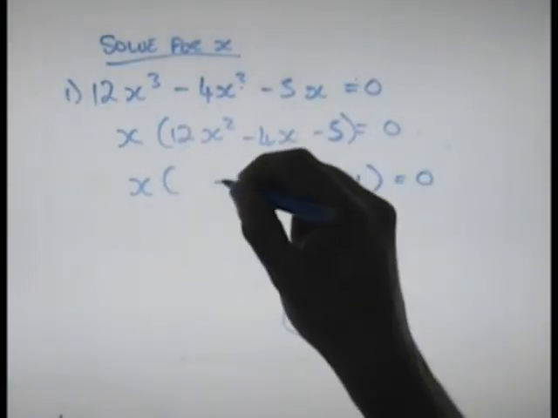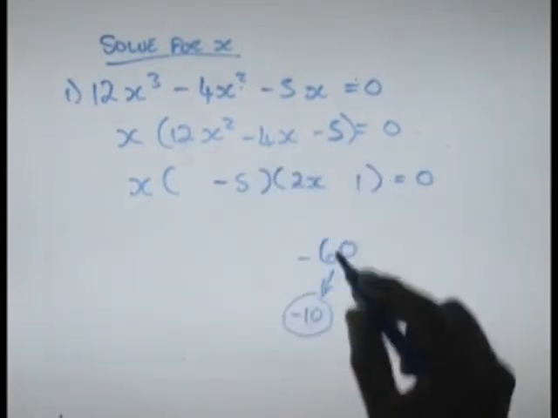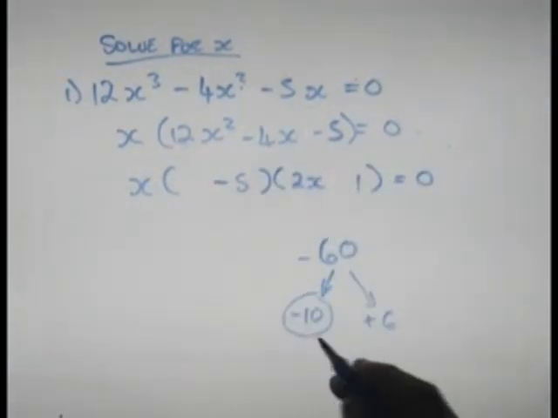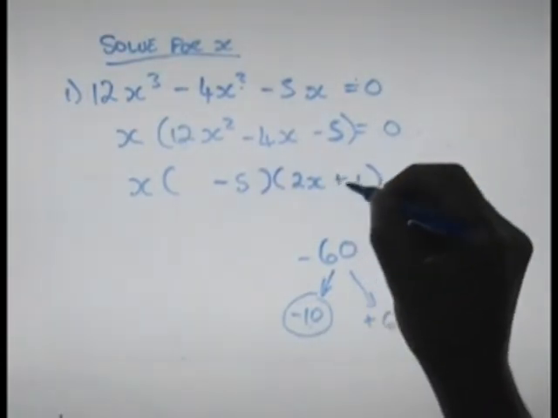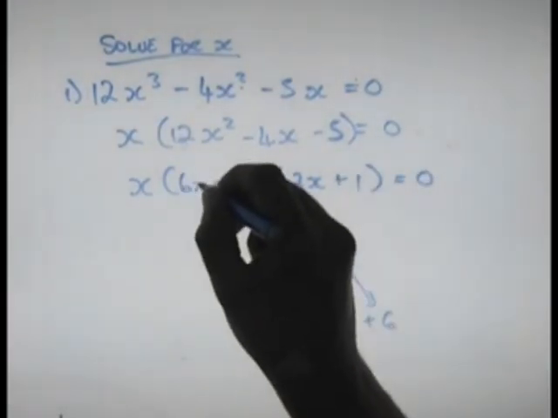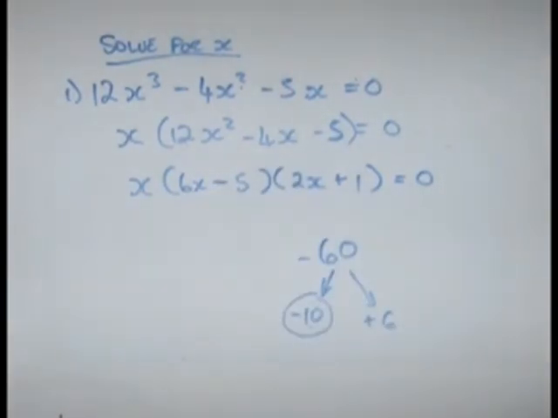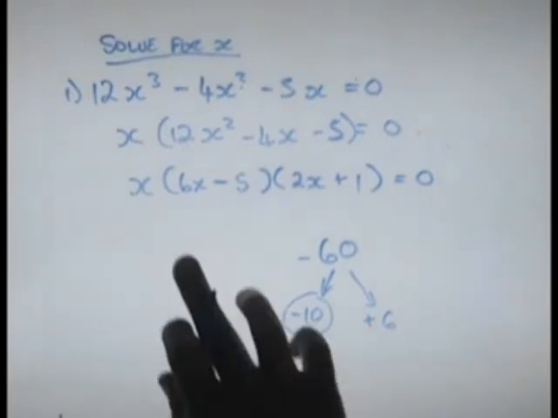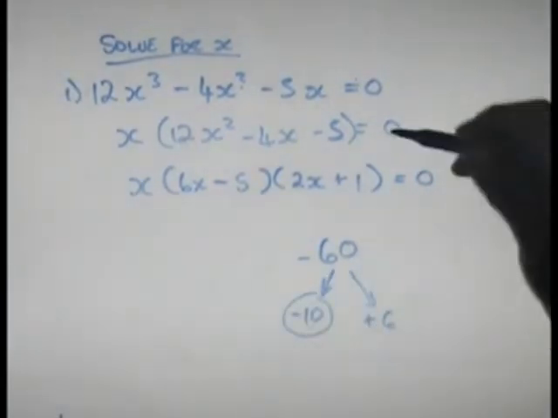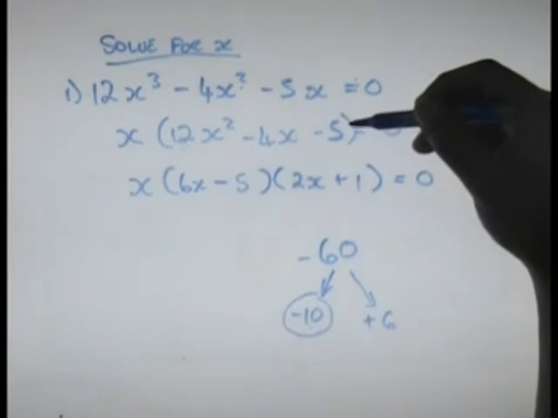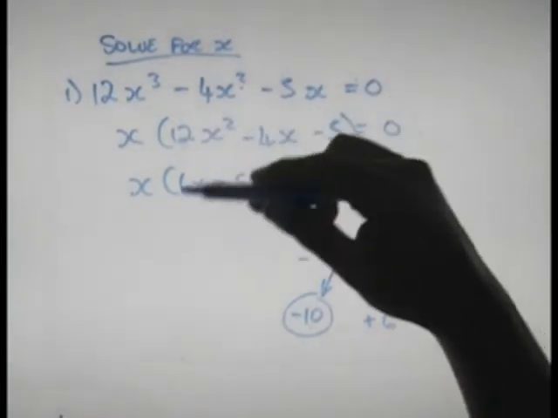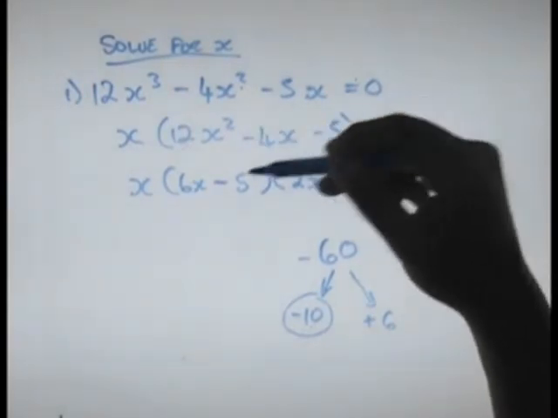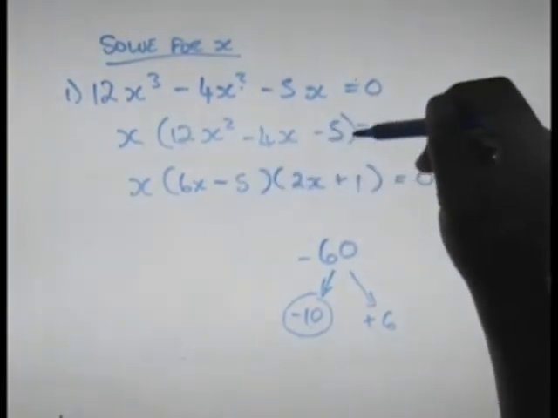Negative 5 times 2x will give me my negative 10. And then I need to get to positive 6. Positive 1 multiplied by 6x is positive 6x. That would factorize. If I multiplied it out, it would go back to this: 6x times 2x is 12x squared, minus 10x plus 6x is minus 4x, minus 5 times plus 1 is minus 5.